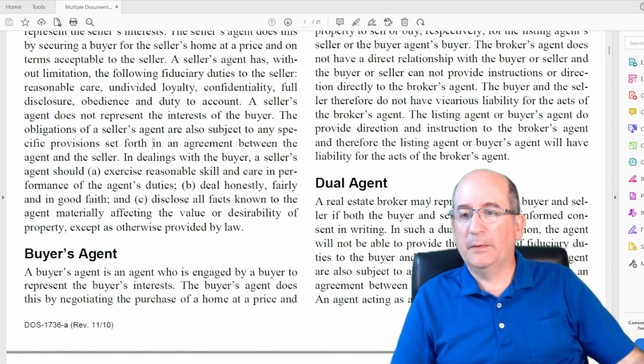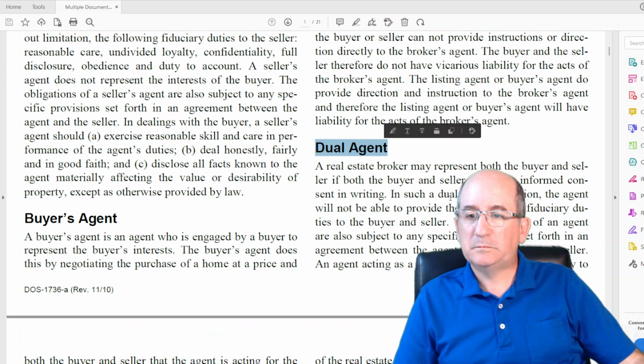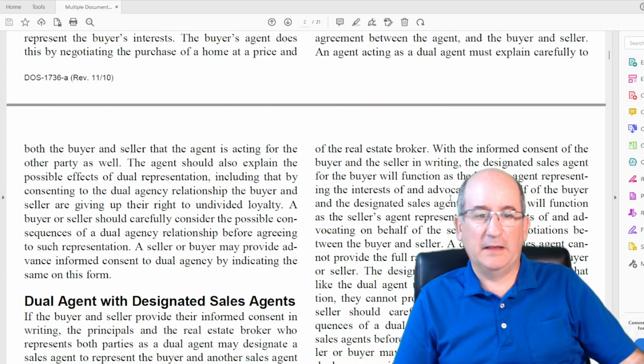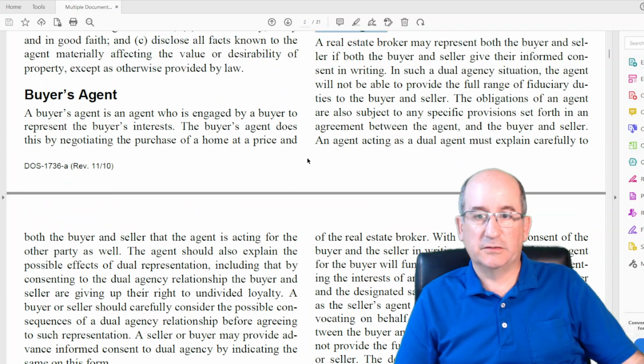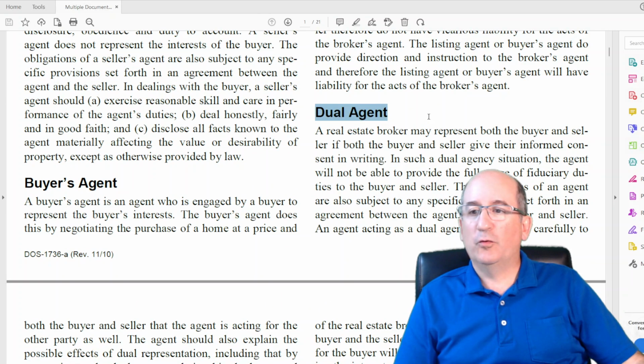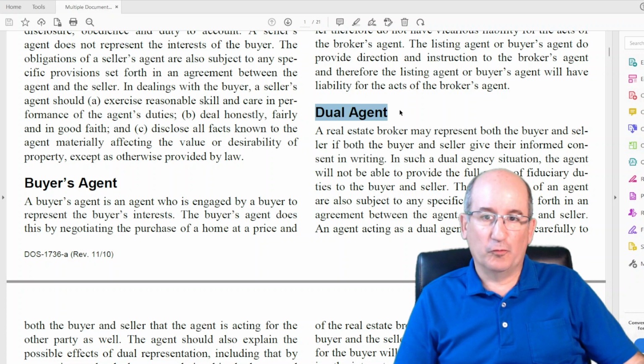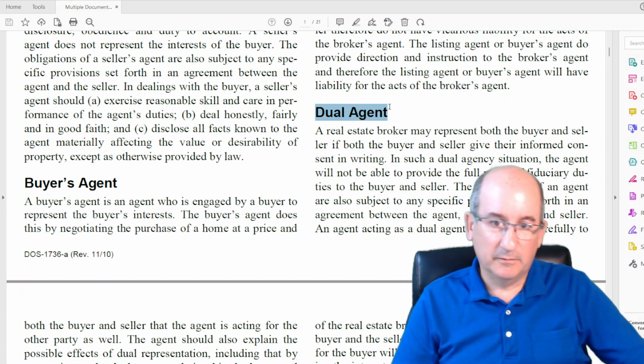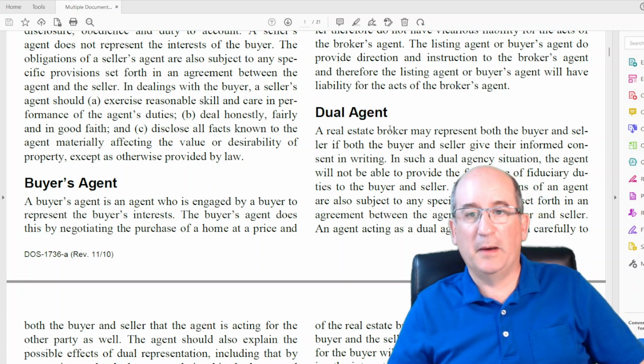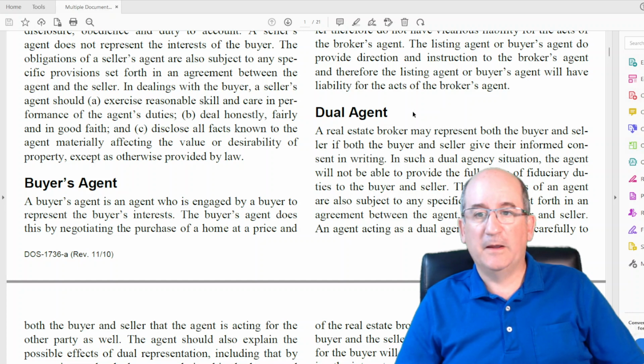And then when I talk about the dual agent, it's important, as an agent, to read the form and understand and know the language that's there. But I also don't read the form to my client because they can read. Hopefully, they can read, and I'm not going to insult them by reading a form to them, right?